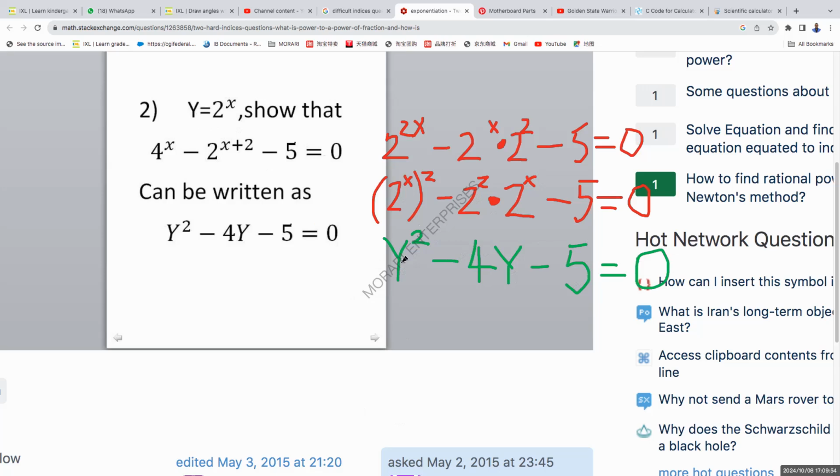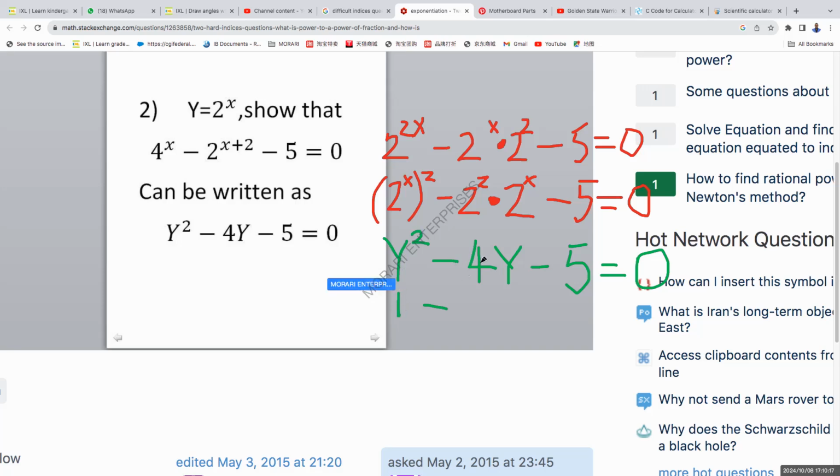Then how do we find this y? The fastest way to find y, you can start by guessing. Let's guess that y is 1. If y is 1, it will be 1 squared, which is 1. Look at some stupid mistakes that sometimes you make: 1 squared means 1 times 1, which is 1.